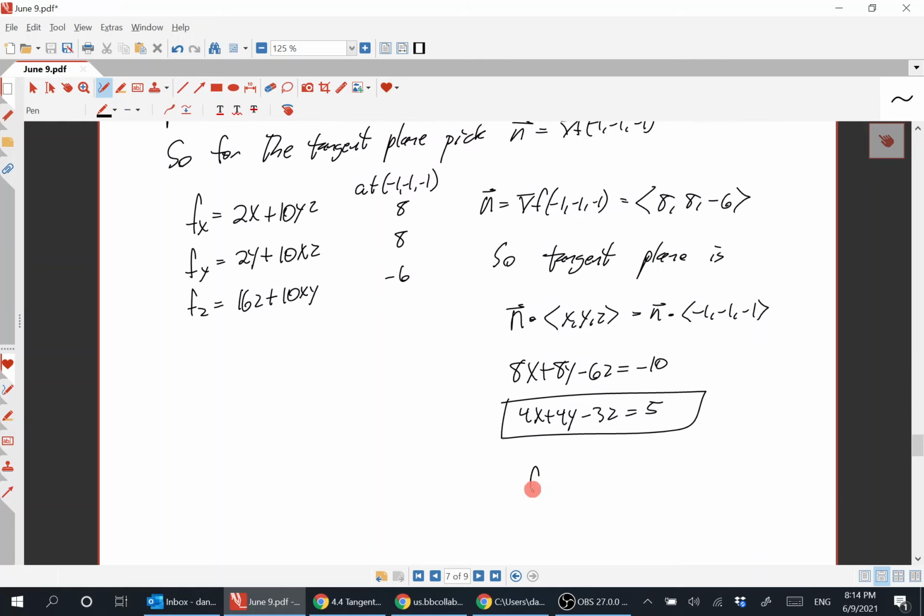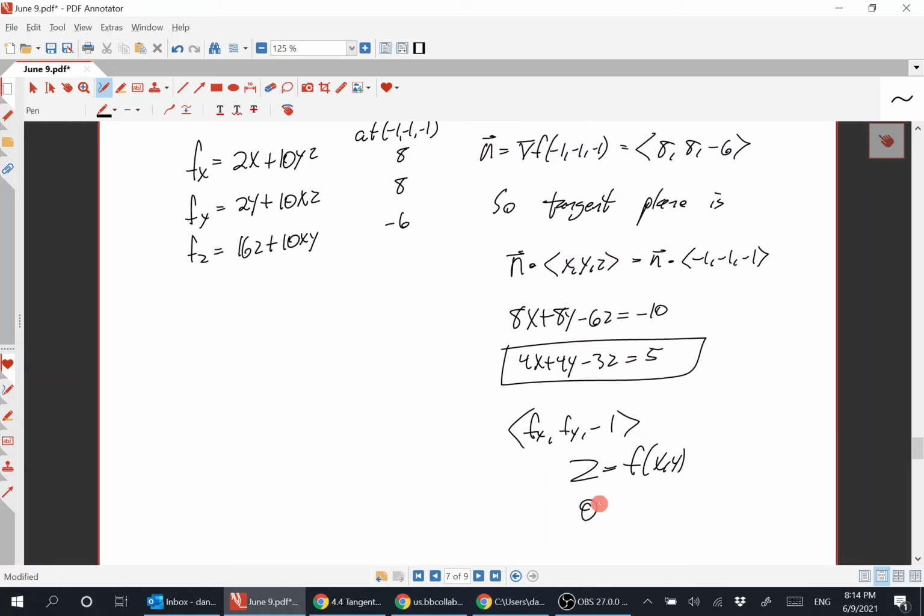The normal vector was fx, fy, -1. When you have z equal to f of x, y, if you just move the z over here, f of x, y minus z, and then you call this a new function, h of x, y, z. Well, the gradient of h: the partial derivative of h with respect to x is f with respect to x minus 0.